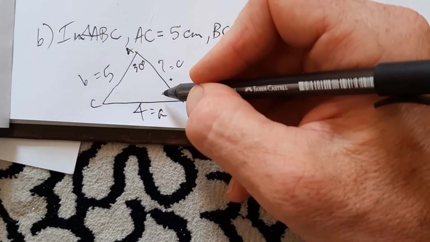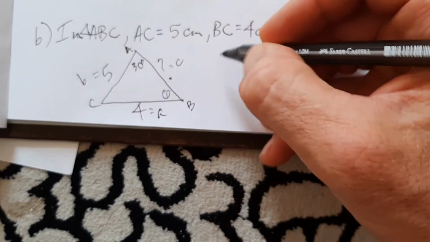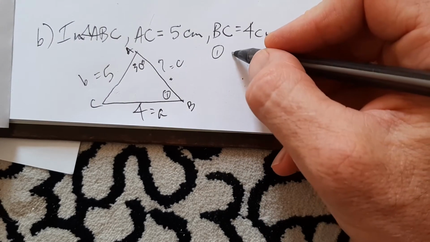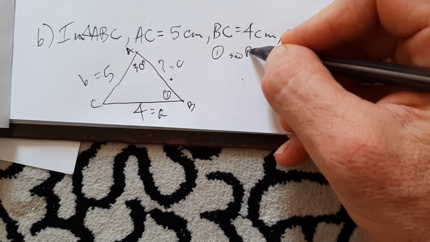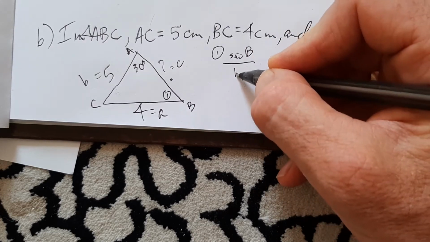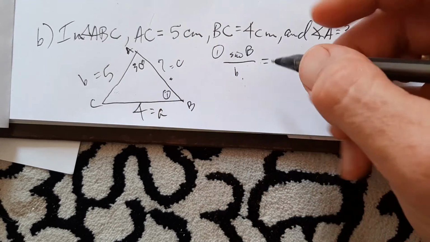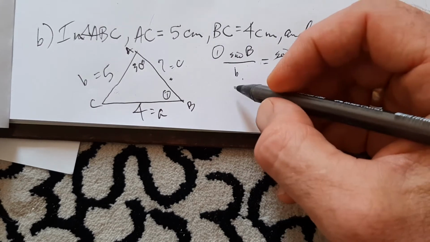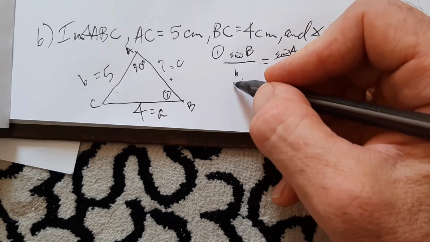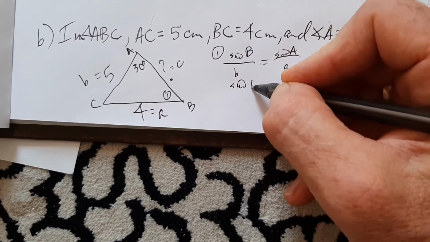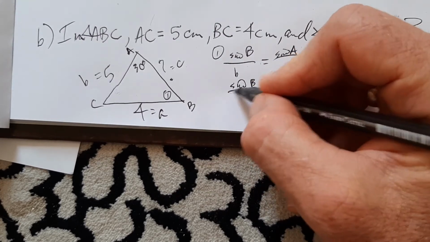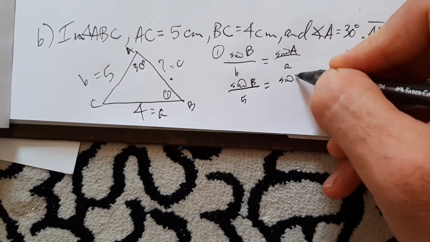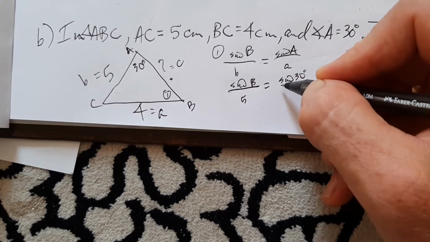So let's get angle B. Step 1, I'll get angle B. Step 1, I'm going to say sine of big B over little b equals sine A over little a. We're going to figure out angle B over 5 equals sine of 30. Hey, we know sine of 30, right? You got that memorized.